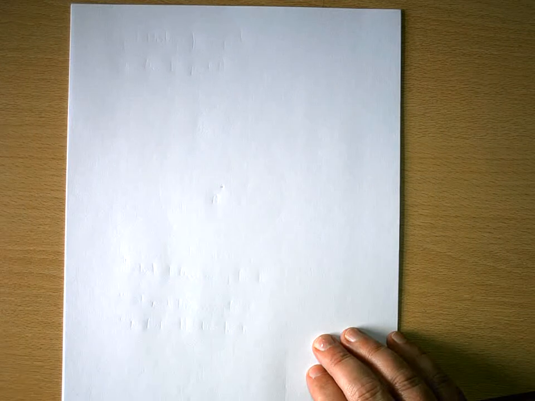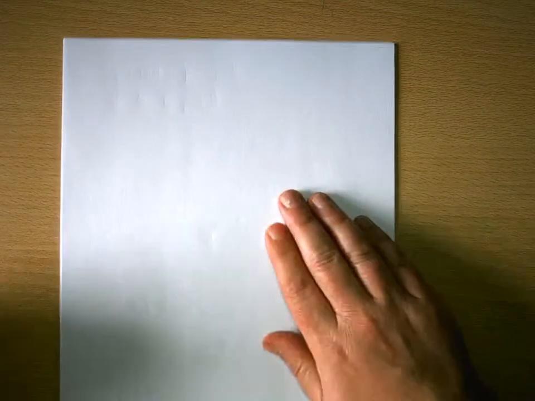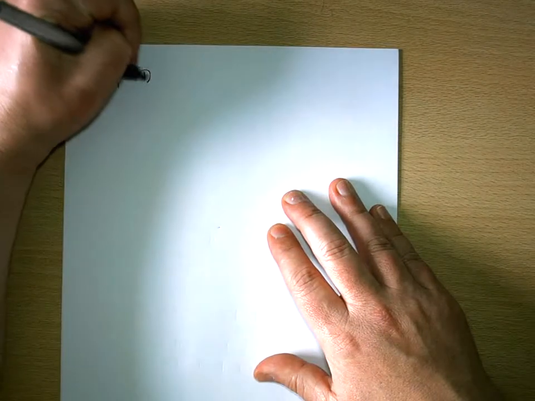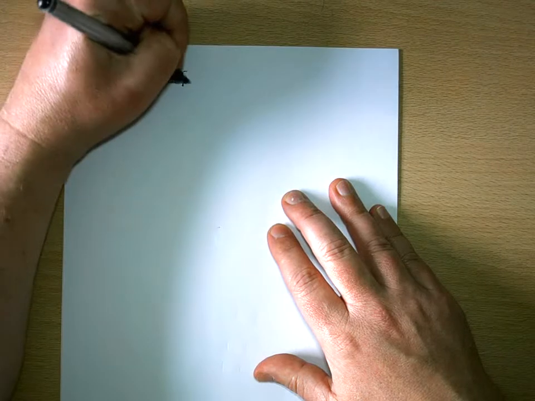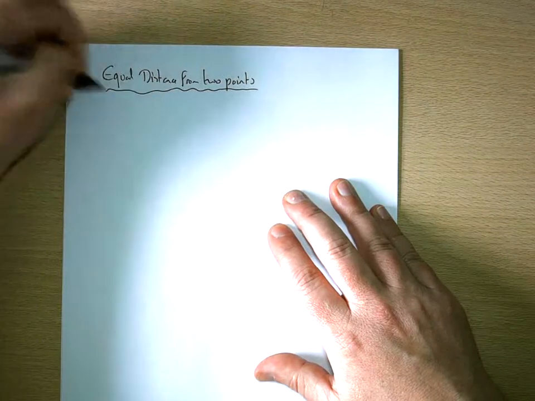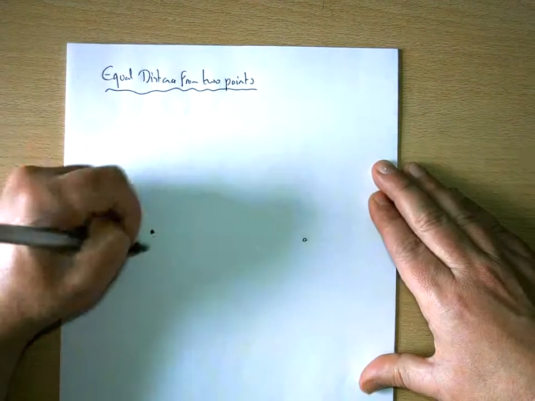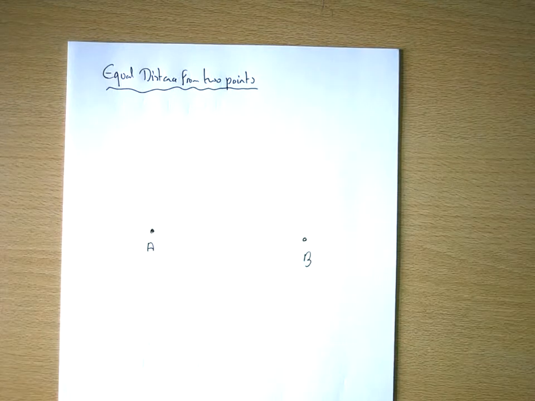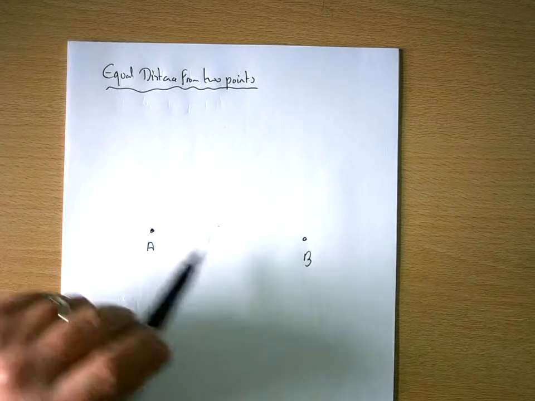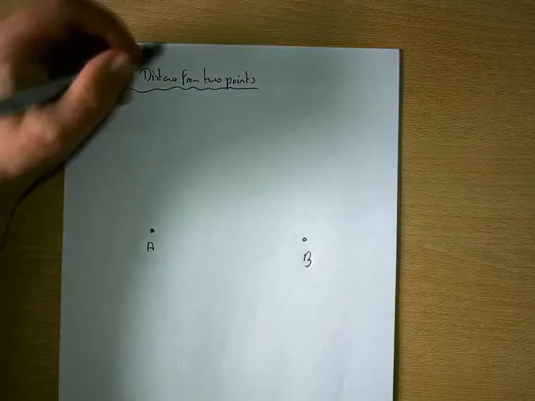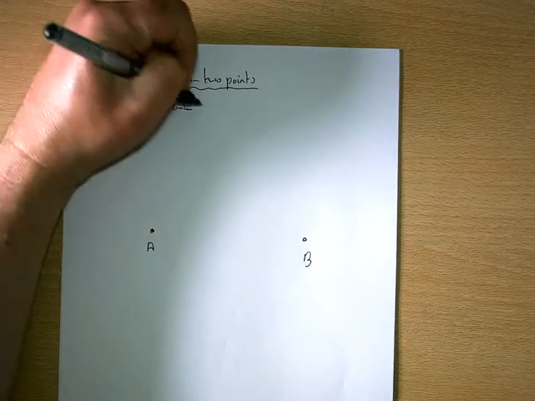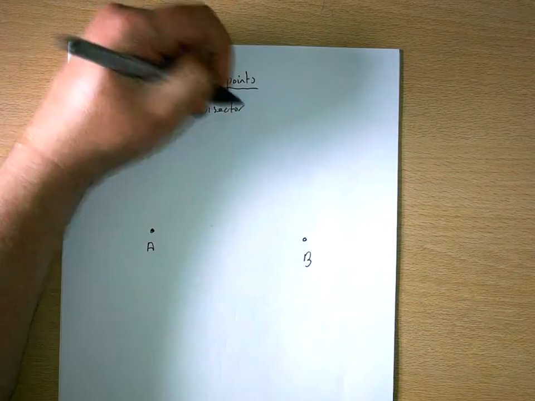Now the next type that we need to look at is an equal distance from 2 points. So if I've got 2 points A and B, and I want to draw a path which is always exactly the same distance from A as it is to B, then what we have to do is construct what we call the perpendicular bisector.